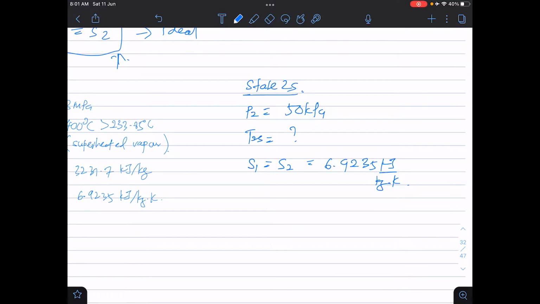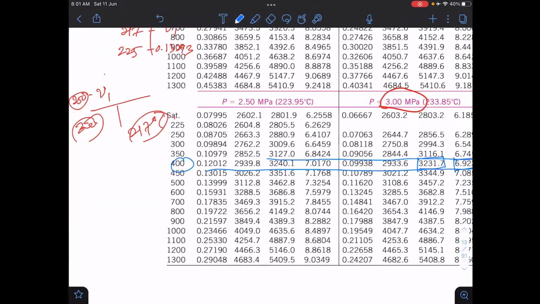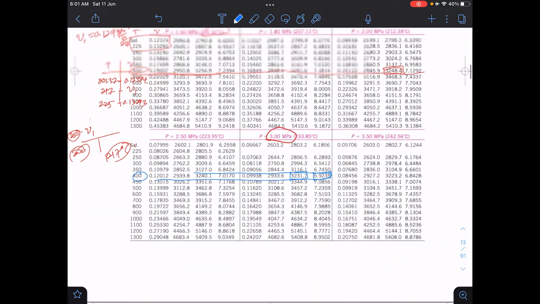So when you have these two properties, P2 and S2, you can read the steam table. Look at 50 kPa in table A5.